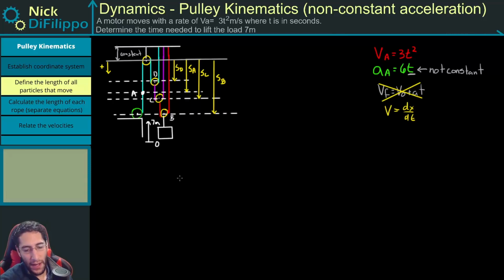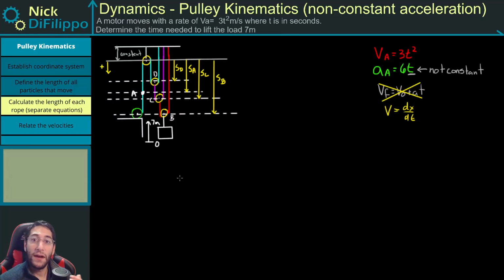Okay, now I have 3 ropes. I need to calculate the length of each of these ropes. What I do is I start at one side of the rope and work my way to the other. This first rope is a little tricky. I'm going to start at point A because that's what I know. I know the velocity of A, and I'm going to work my way around the rope, calculating the total length. So this first length is a length of SA.